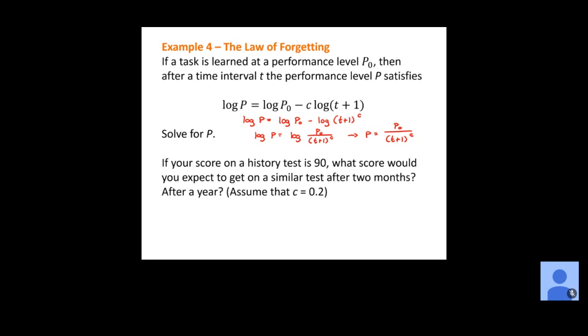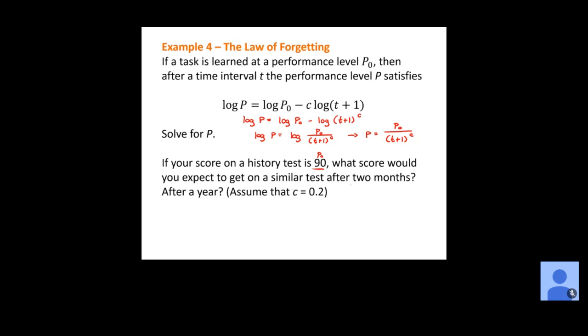Now it asks us, if your score on a history test is a 90, what score would you expect to get on a similar test after 2 months? We're assuming here that our C value is 0.2. What we're asking is, if our initial score is a 90, that's our P sub 0. That's the first time we take the test.